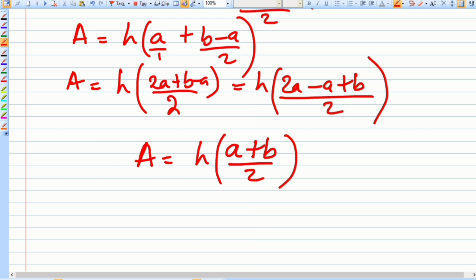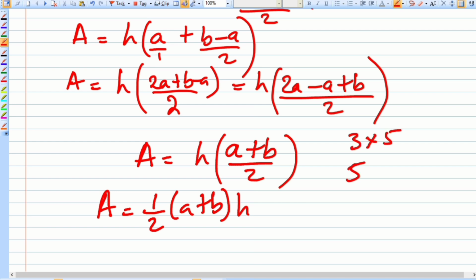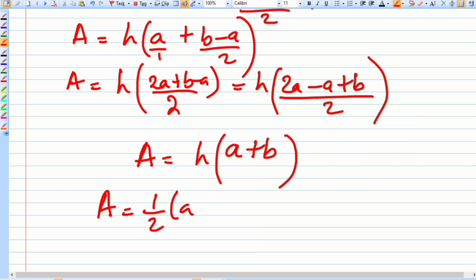This is the formula. In some textbooks, you're going to see it like this. The area of a trapezium is equal to half bracket A plus B times height. Now this is the same thing because if I put this H the other side, remember 3 times 5 and 5 times 3 are the same thing. So I can just move my H to the other side.